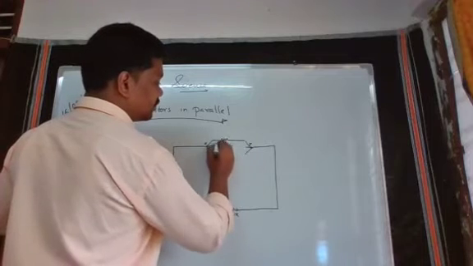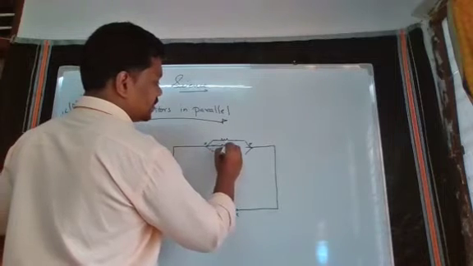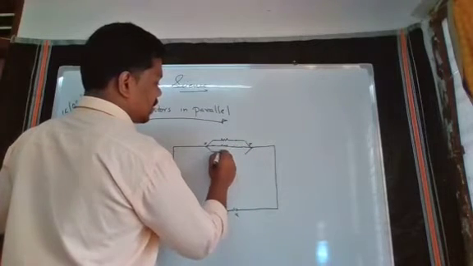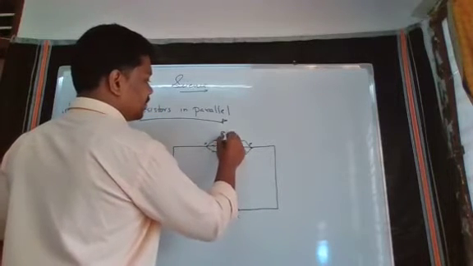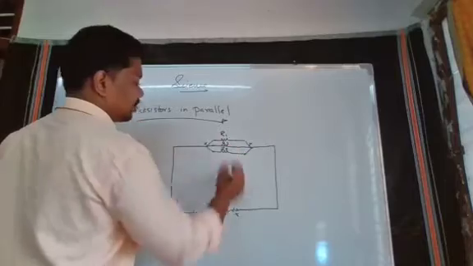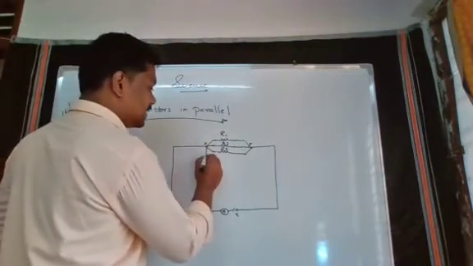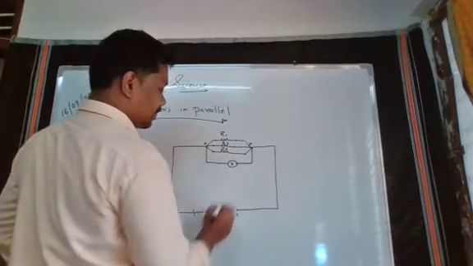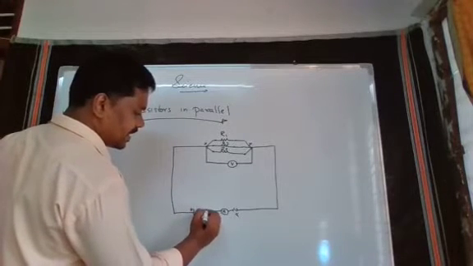Resistor 1, resistor 2, and resistor 3: R1, R2 and R3. And the voltmeter we have to connect between X and Y; we connected the voltmeter V. This is the cell, positive terminal of the cell, negative terminal of the cell.